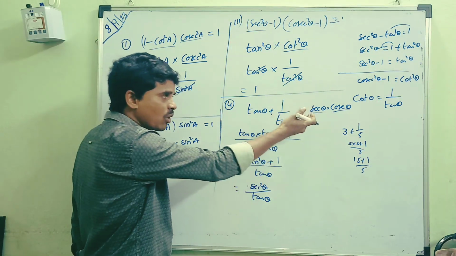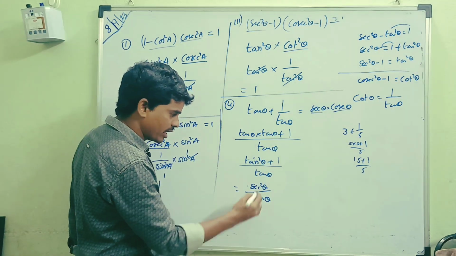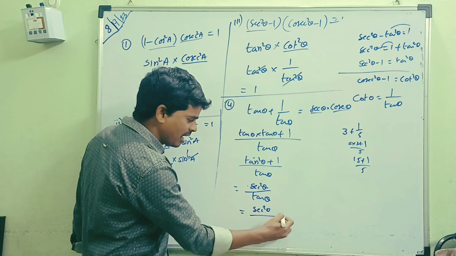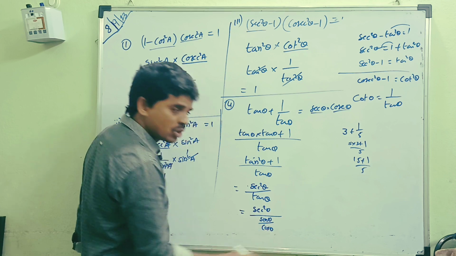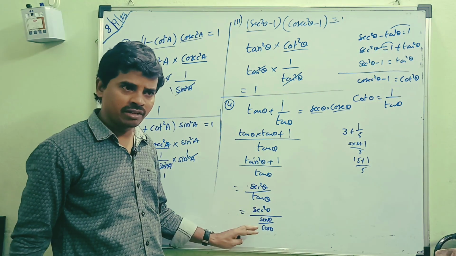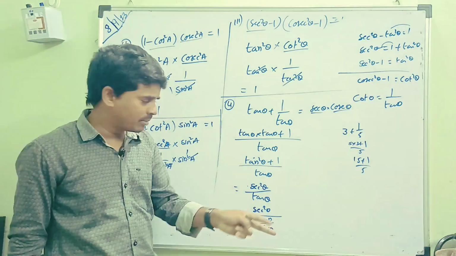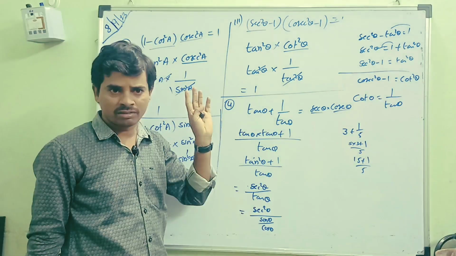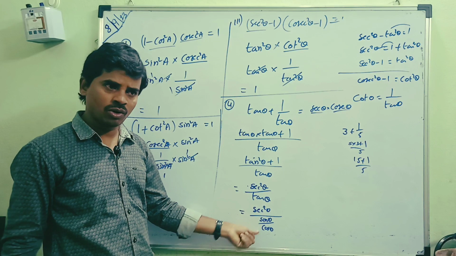Because sin cos we will get from the secant and cosecant only. Secant square I am not changing anything, but tan I am writing as sin theta by cos theta. So first we understood that tan should not be there. There are 2 chances. Tan can be converted into 1 by cot, but cot is also not required here. So what is the second chance? We can convert into sin by cos.